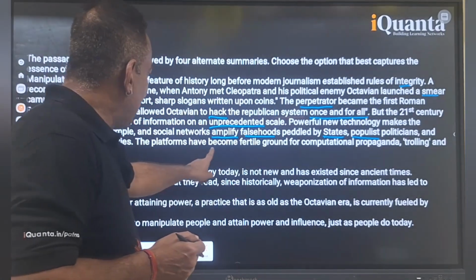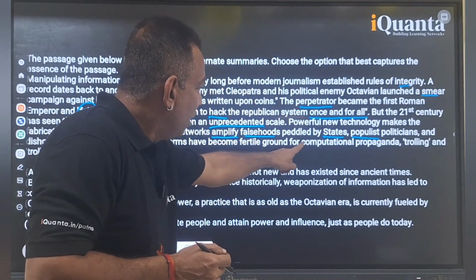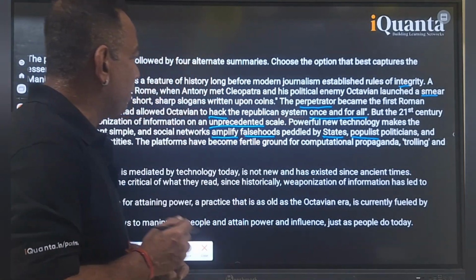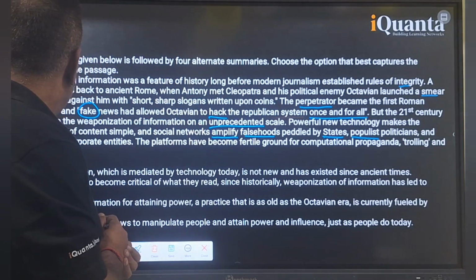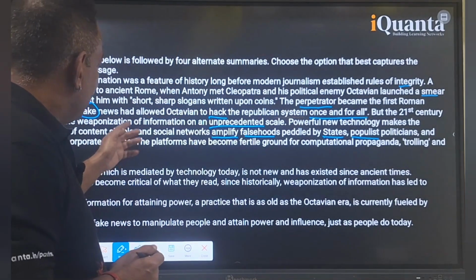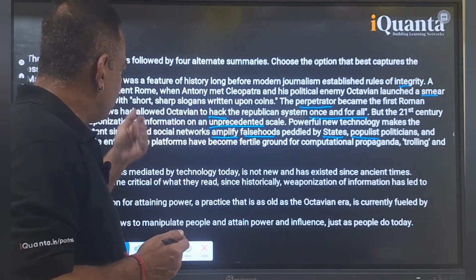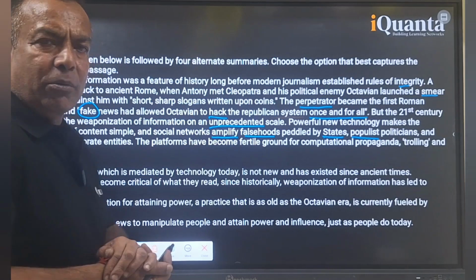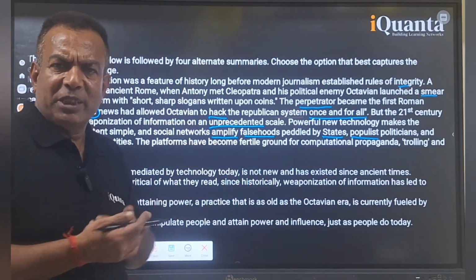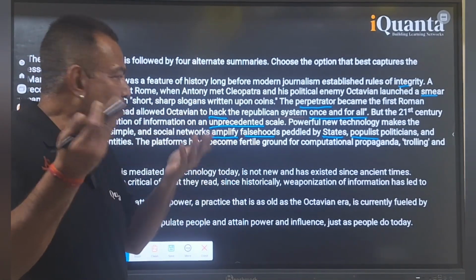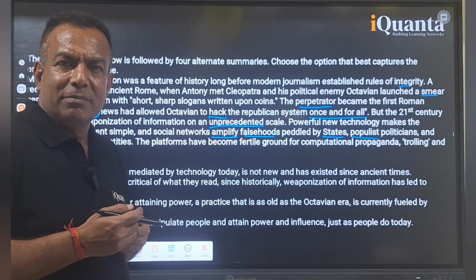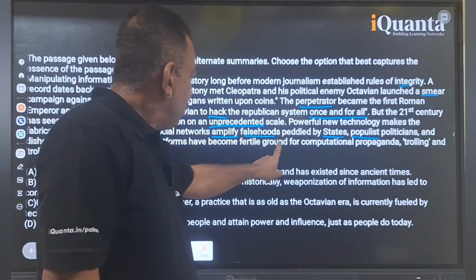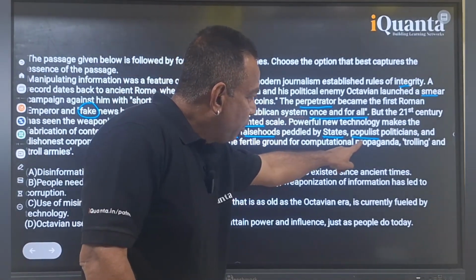The platforms have become fertile ground for computational propaganda, trolling, and troll armies. So this platform, social network, has become a fertile ground, very prolific. Prolific means fertile. Fertile, that gives rise to more and more of this false information.